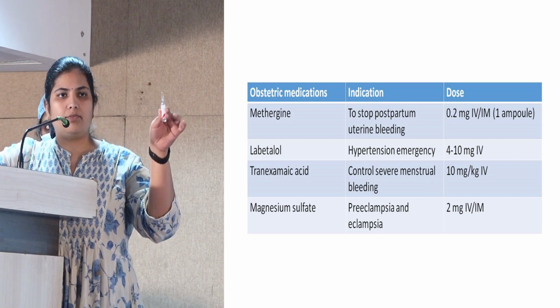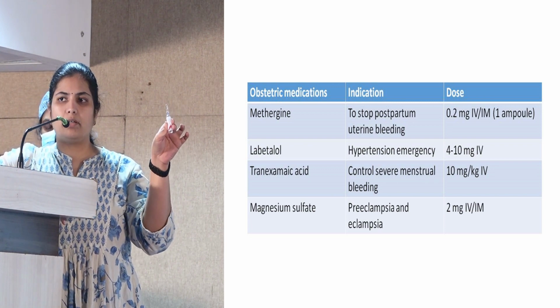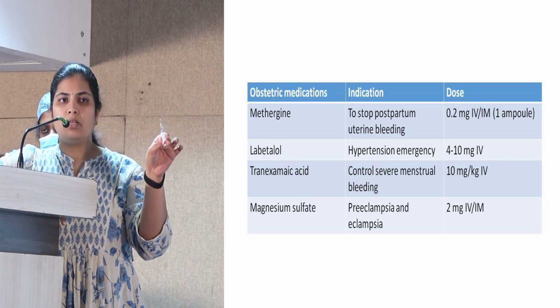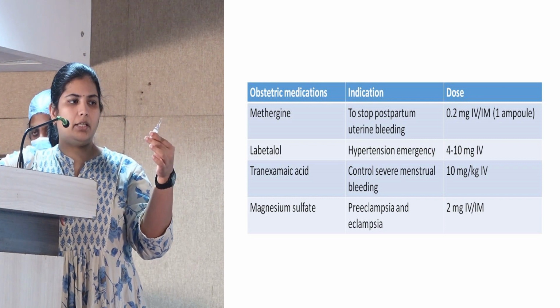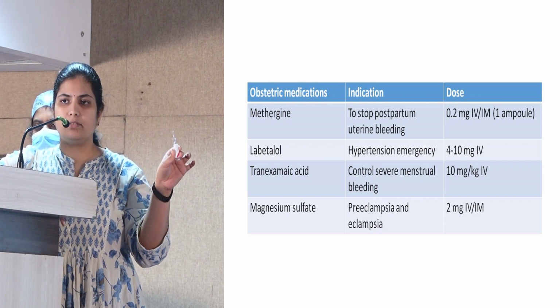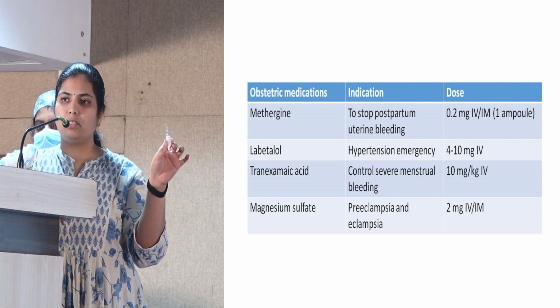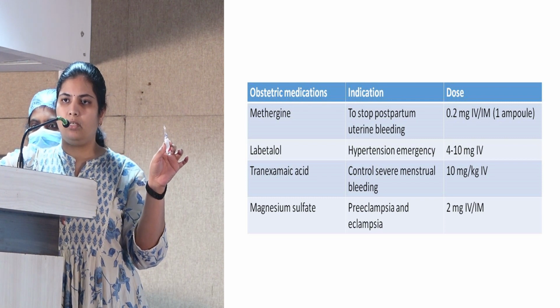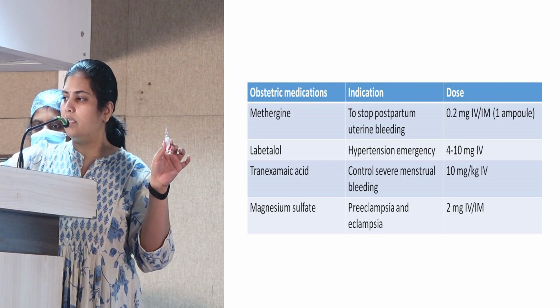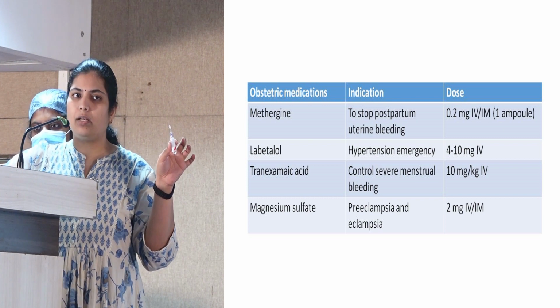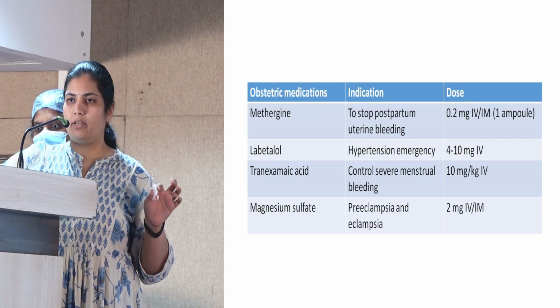This is 4 ml of labetalol, which contains 20 mg of labetalol. We have to dilute this 20 mg in a 10 ml syringe. So 1 ml is equal to 2 mg. So we should directly give 4 mg to 10 mg of labetalol.